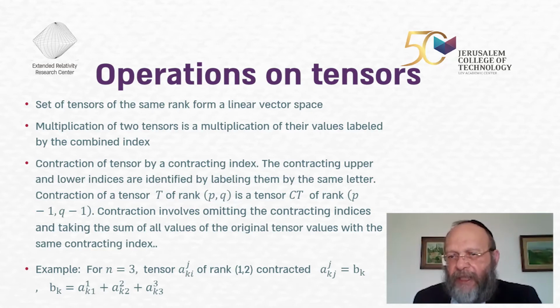I call the result b_k, because we'll have no j, so we'll have a covector. The answer will be a covector. How do we obtain it? For each particular case, I have to take all the a's at which the upper index is equal to the lower one, so we have 1, 2, and 3. We'll get A with upper 1, lower k1; A with upper 2, lower k2; and A with upper 3, lower k3.